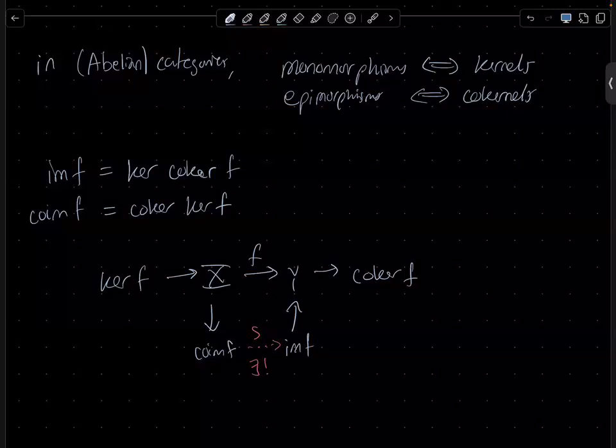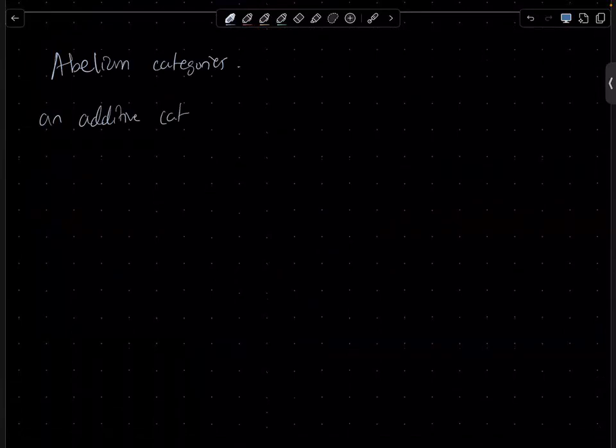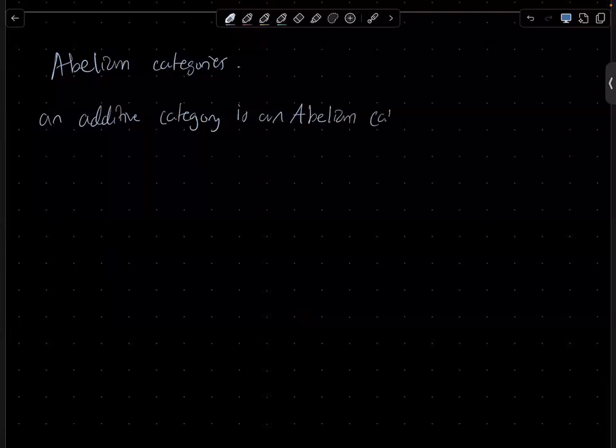I should write down properly what an abelian category is, which is just this last condition, more or less, on top of the other things I'm going to write down. So an additive category is called an abelian category if there are two remaining things.